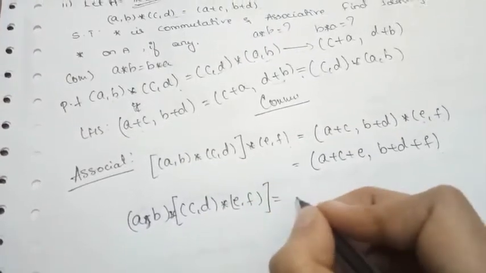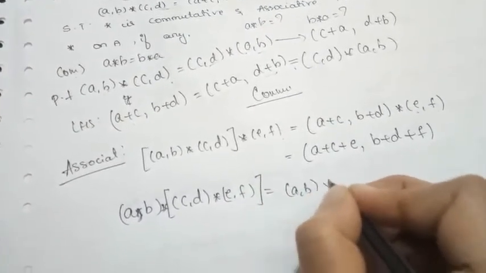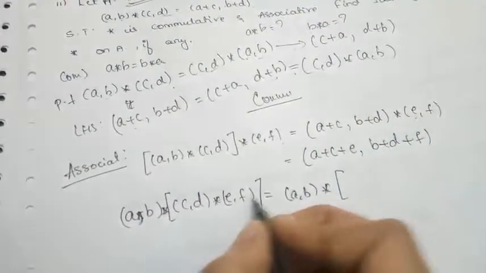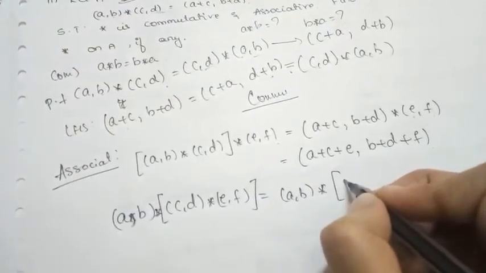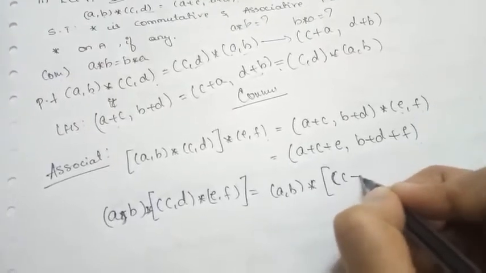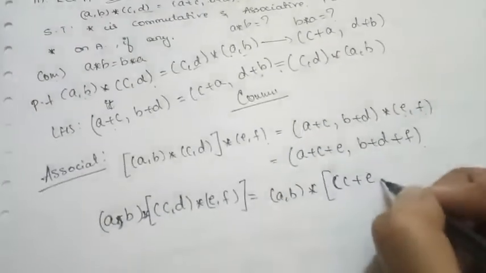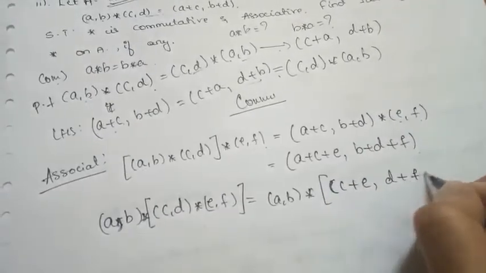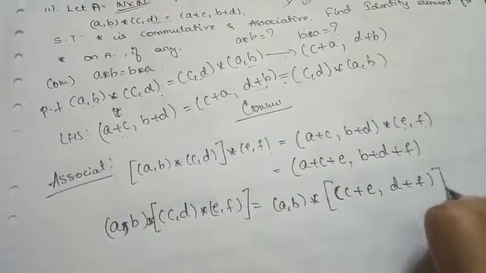Now what does this imply? (A, B) star, here (C, D) star (E, F): first element from the first ordered pair plus first element from the second ordered pair, comma, second element from the first ordered pair plus second element from the second ordered pair.